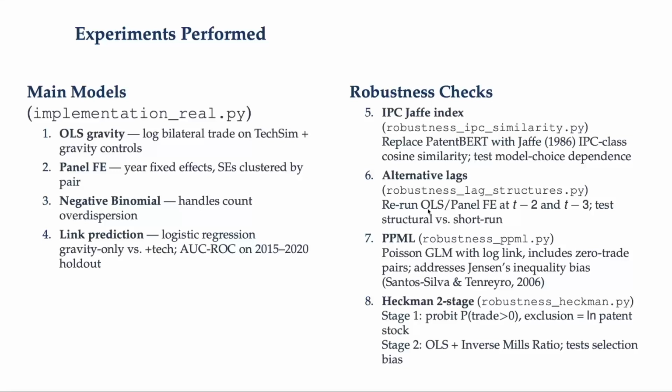Once you use the logarithm of a variable, you can easily underestimate the value, so I tested that. Another check is the Heckman two-stage, because of the criticism of selection bias: the semiconductor industry itself is a very advanced industry and needs more advanced technology, skilled workers, and all those patents are necessary to run the business.